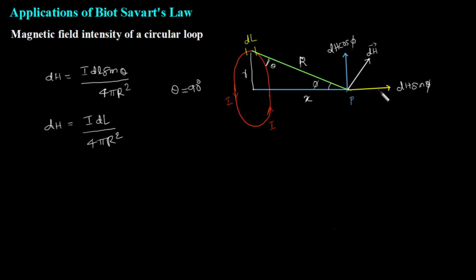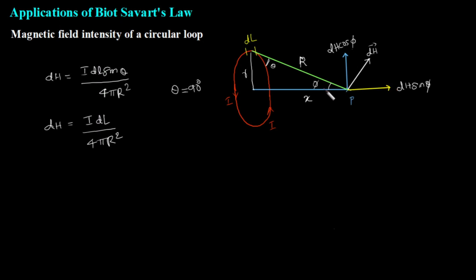Dh will always have two components, and dh will be in this direction. But when I am calculating H, I have to consider the entire loop. In that case, I will have so many dhs here, and so many dh cos phi here. This dh cos phi will be exactly equal and opposite, but this will always be dh sin phi.